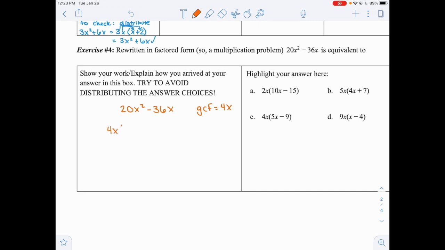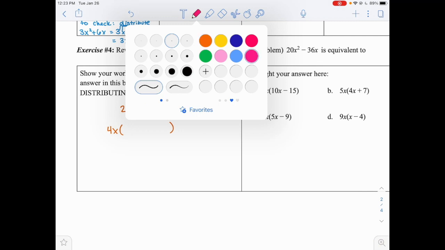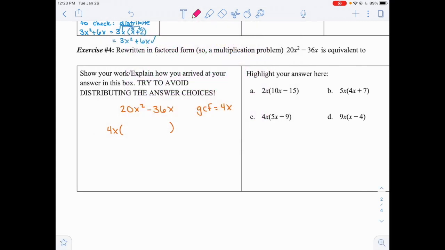So I'm going to have 4x times, and this is really how I want you to do it. I know that 4x times 5x is going to get me 20x squared, and 4x times negative 9 is going to get me negative 36x. But if you have to, write it out.